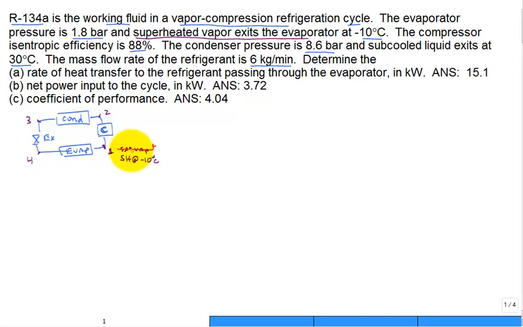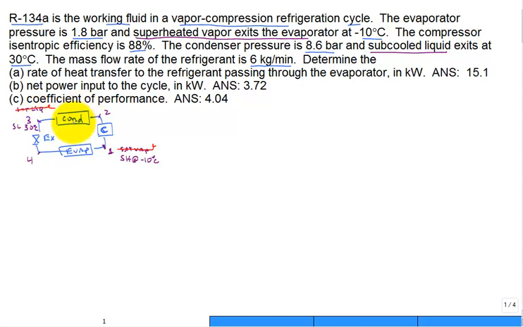And likewise, we come over to state 3, and often we have saturated liquid coming out of the condenser at that saturation temperature of the condenser. But here, it's going to come out subcooled liquid at 30 degrees C. So I'm going to put just SL at 30 degrees C, and then take this off, that it's not saturated liquid coming out of the condenser.